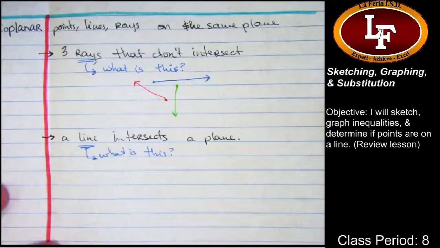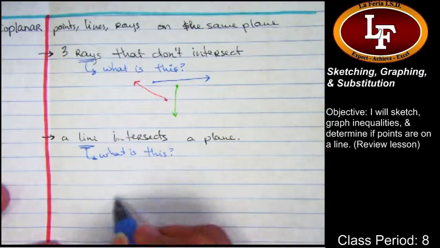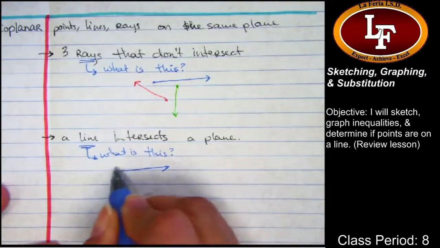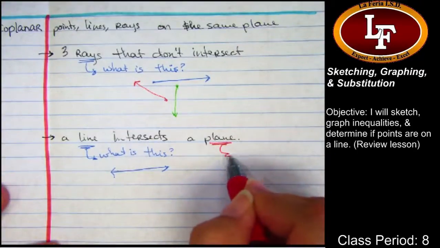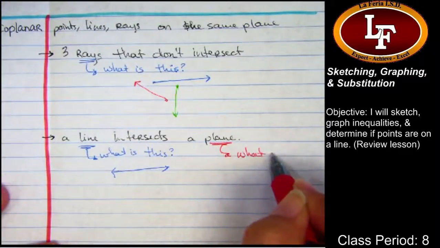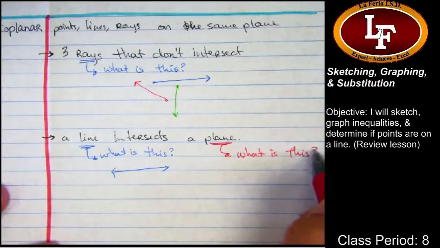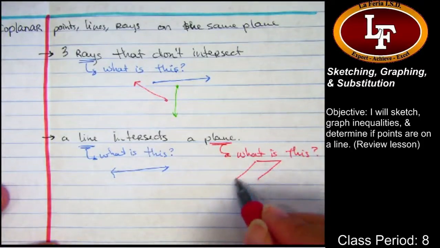I need to know what a line looks like first before I can draw it. A line that's going in 2 opposite directions. So something like that? Yeah. Awesome. So the next question is what's a plane and how do I draw that? It's like a rectangle.